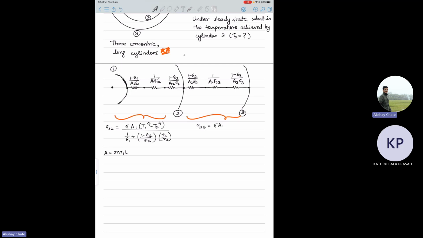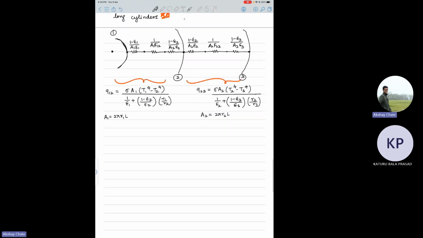So you will end up with sigma A2 (T2 power 4 minus T3 power 4) divided by 1 by epsilon 2 plus (1 minus epsilon 3) by epsilon 3 into R2 by R3, right? Correct, no? And here A2 will be 2 pi R2 into L.